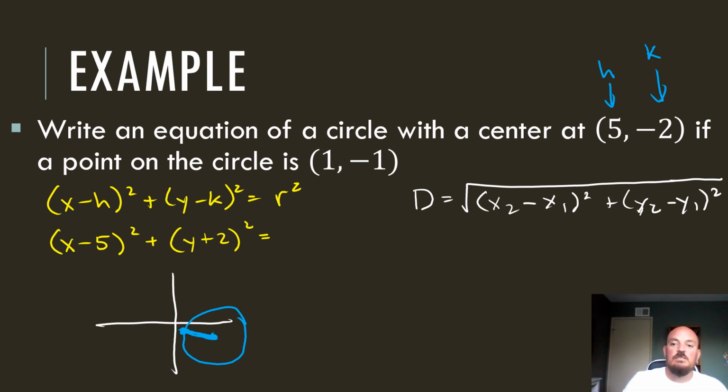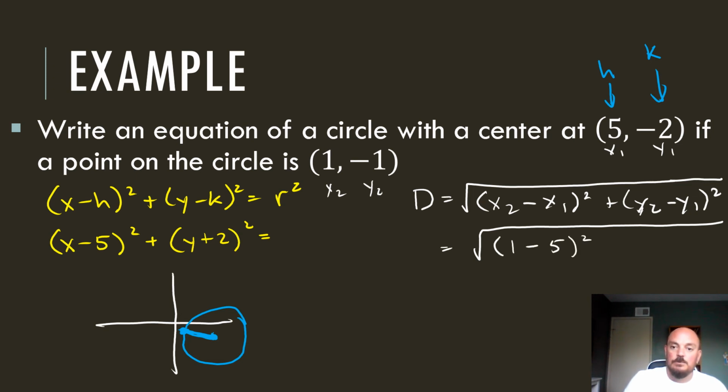So let's do this. It doesn't matter which one is which actually, but I'm going to make the center be x1, y1. And I'm going to make this point over here be x2, y2. And let's plug in all the numbers. We have the square root of 1 minus 5 squared plus negative 1 minus negative 2 squared.